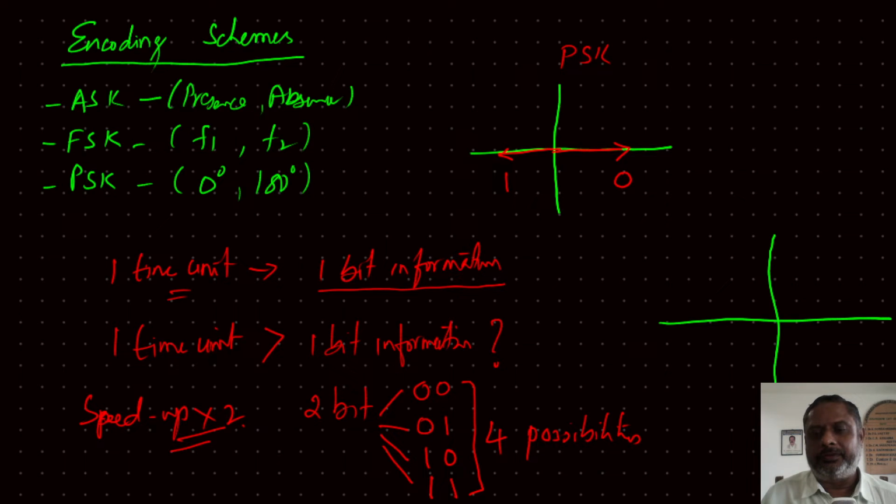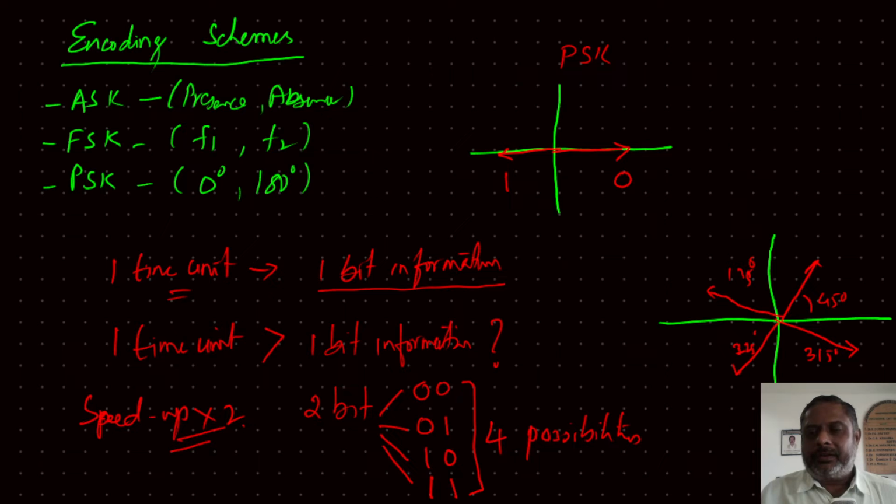ways or in terms of phase. Yeah, this is one phase, this is second phase, this is third phase, and this is fourth phase. So that this angle is 45 degrees and this angle is 135 degrees. This angle is 225 degrees, and this angle is 315 degrees.